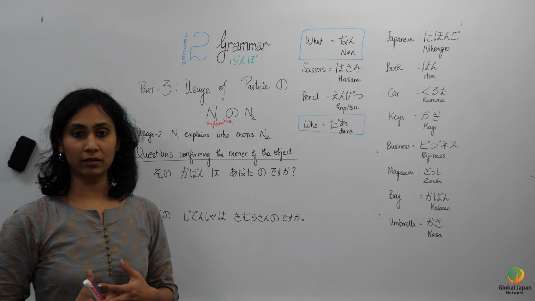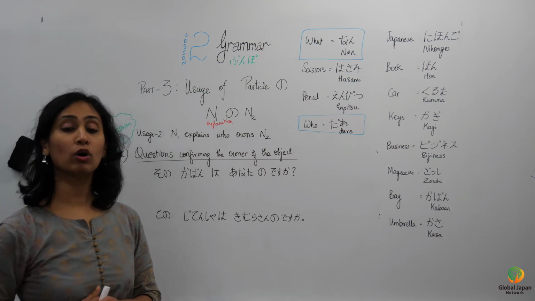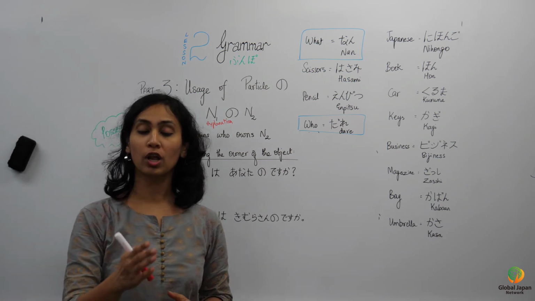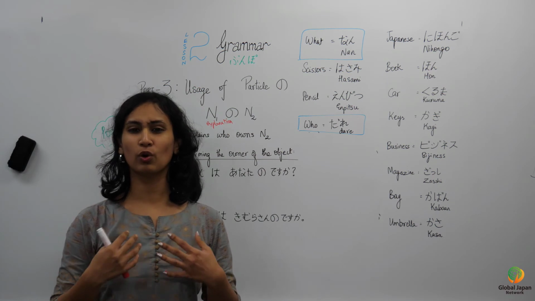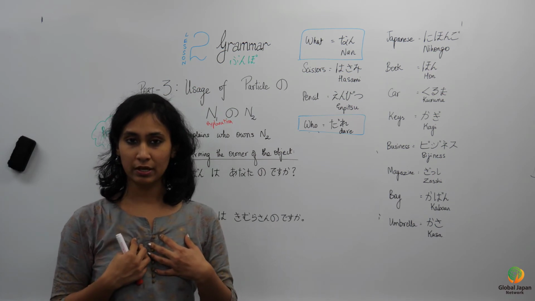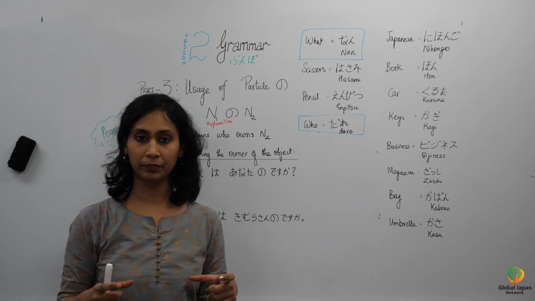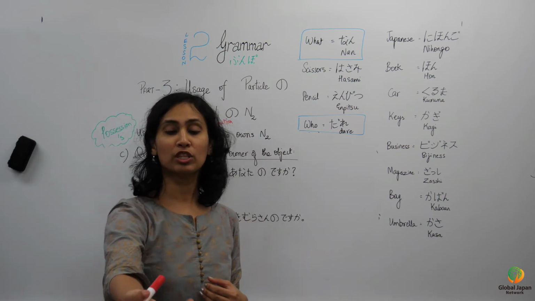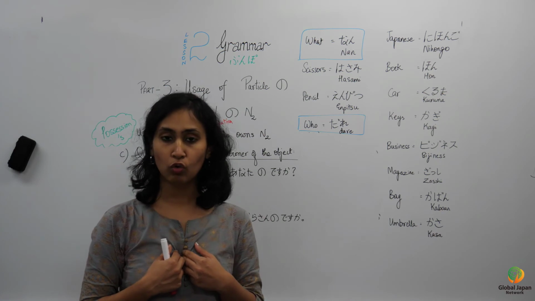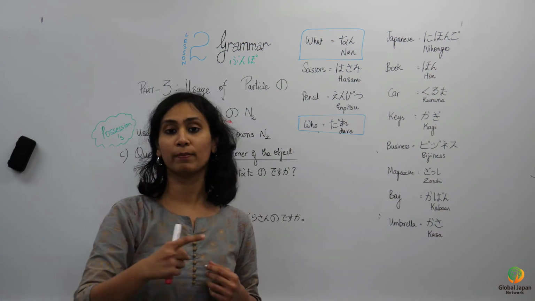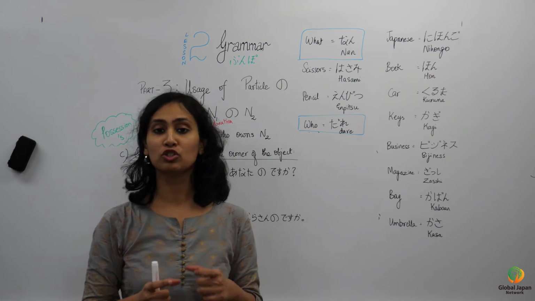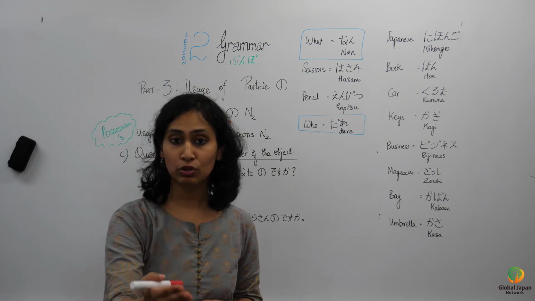Learning how to construct questions confirming the owner of the object. There is a bag with you and I want to know whether that is your bag. So the way I will ask the question is, first of all, I repeat the situation. The bag is with you and I want to know whether that is your bag. So where is the object placed? Next to you.